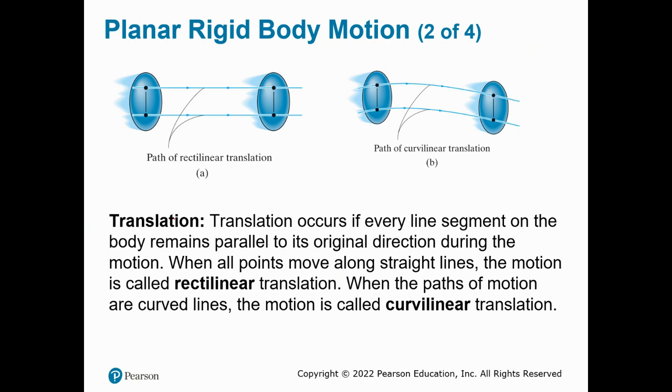When all points move along straight lines, the motion is called regular linear translation. When the paths of motion are curved lines, the motion is called curvilinear translation. So both of them are translation, but one is regular linear translation and the second one is curvilinear translation.